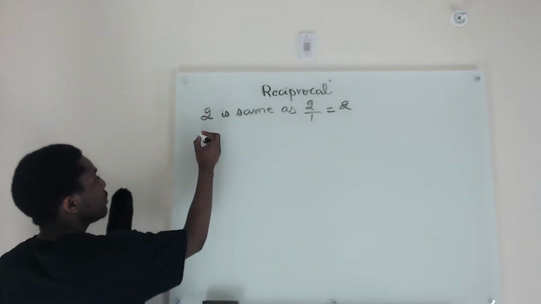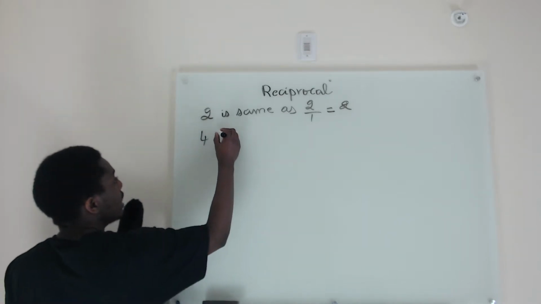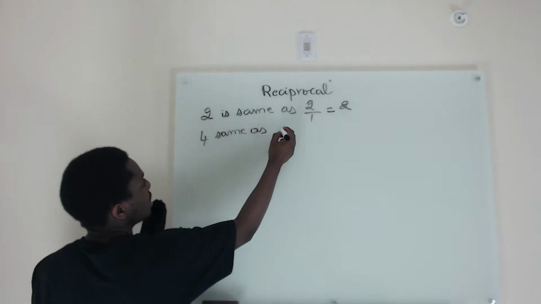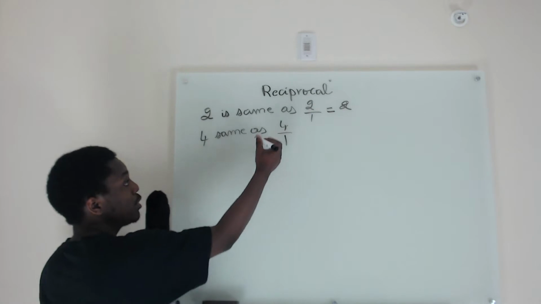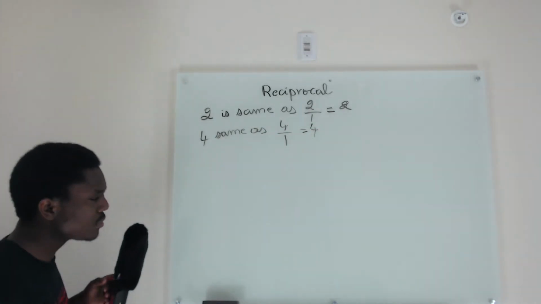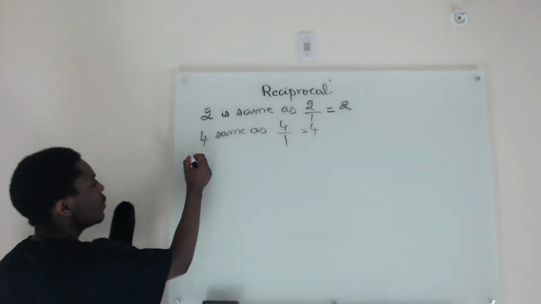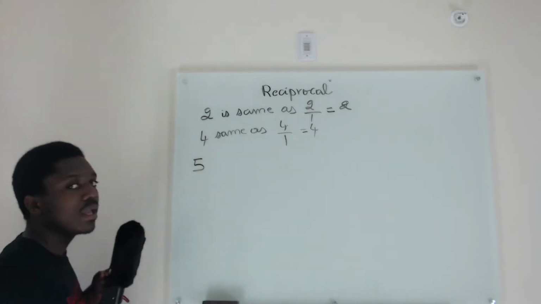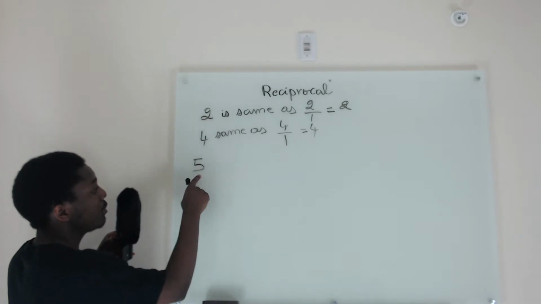If I take another number, let's say 4, for example. So 4 is the same as 4 over 1. Why? Because 4 divided by 1 is equal to 4. So now, when you are given a number, let's say 5, for example, and you are being asked to find the reciprocal of the number 5.